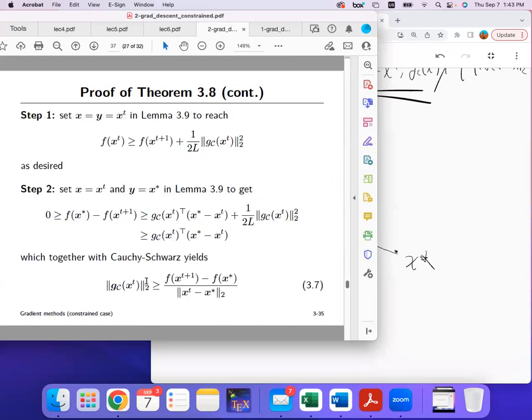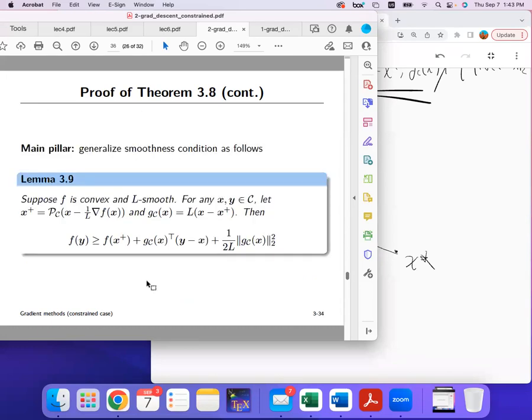To prove step 1, I just set x equal to y equal to xt. Right? X equals y. So this is xt, this is xt. Now this term is gone because x equals y. So this is f(xt).